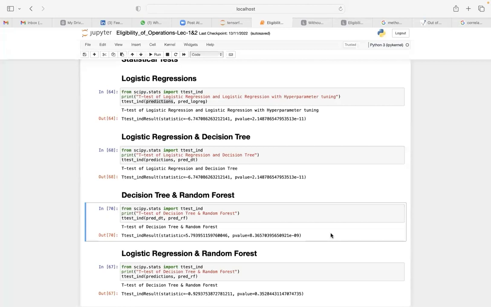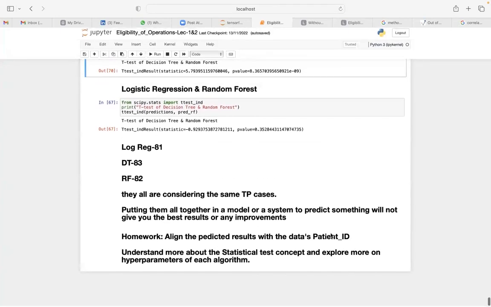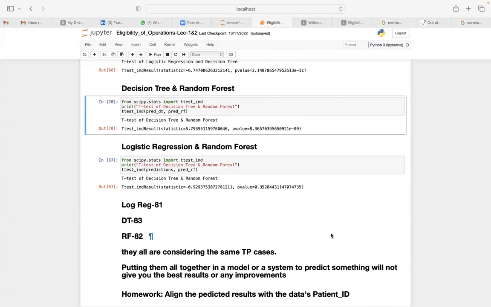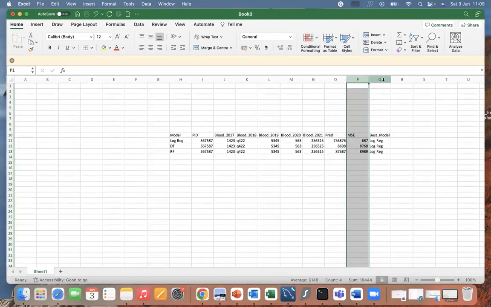If your statistically significant result does not come out true, when the t-test says that your random forest and decision tree are exactly the same, if it is giving you a value greater than 0.05, which means you don't need to go to mean square error and find the best model and then do the feature selection out of the results of decision tree and random forest.